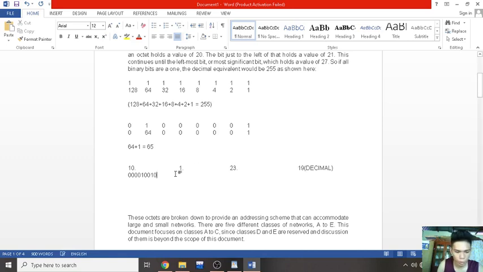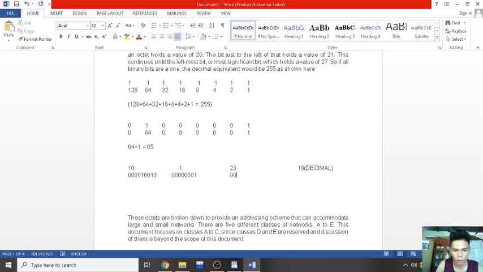The next part is 1. We all know this one only has the value of 1, so it will be 0 0 0 0 0 0 0 1. Next we have 23. If we look at our binary format, 128, 64 and 32 will be excluded.